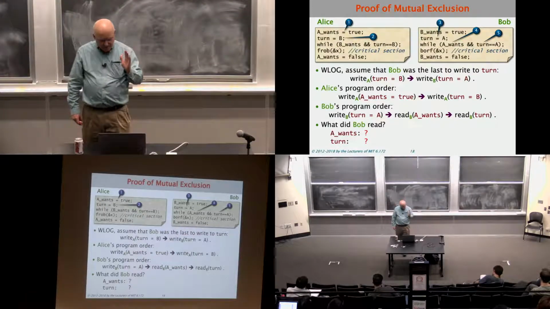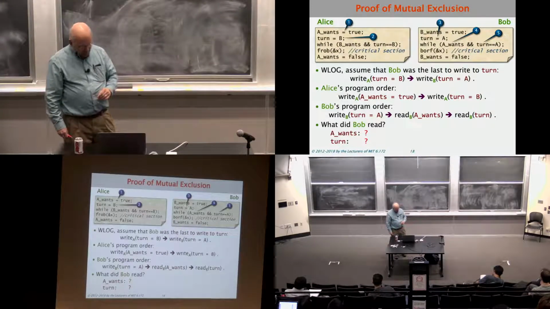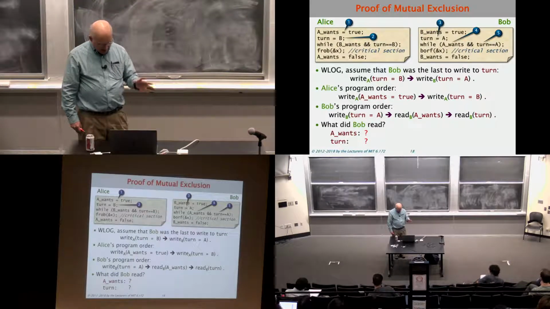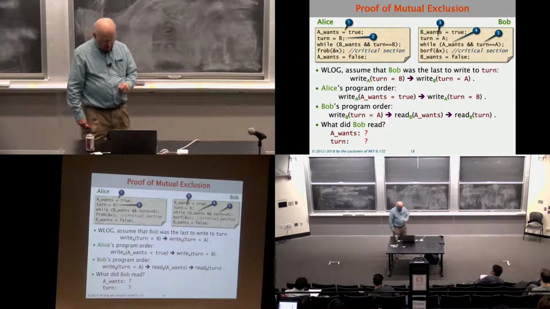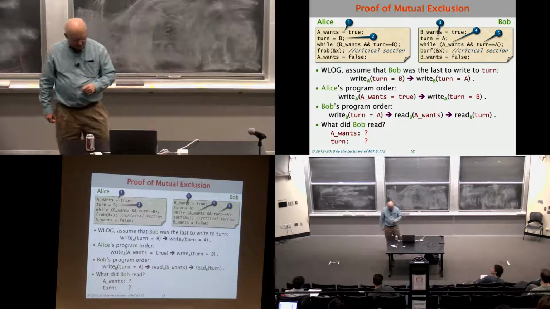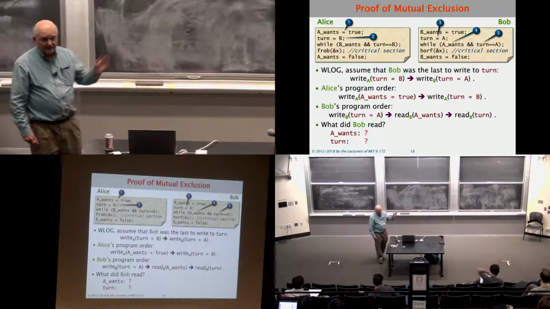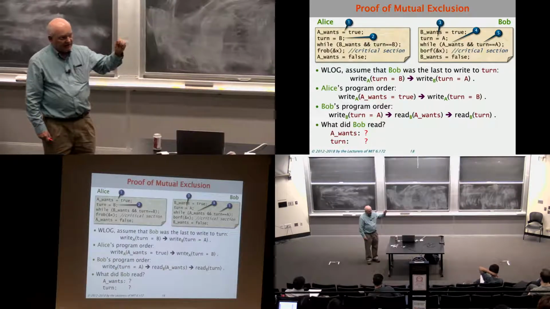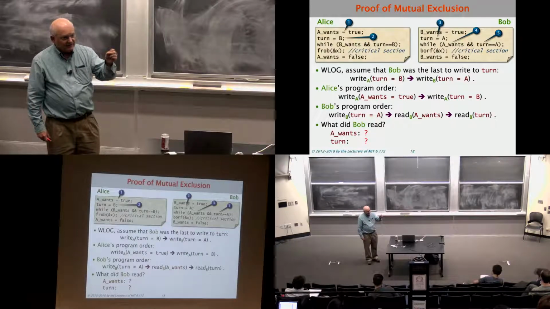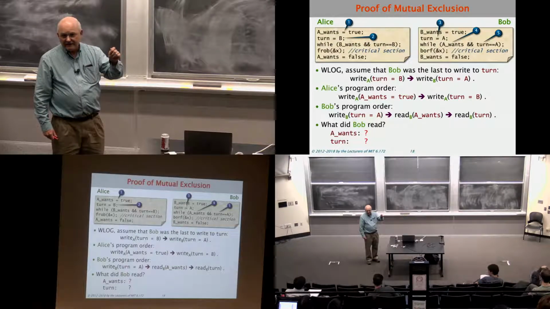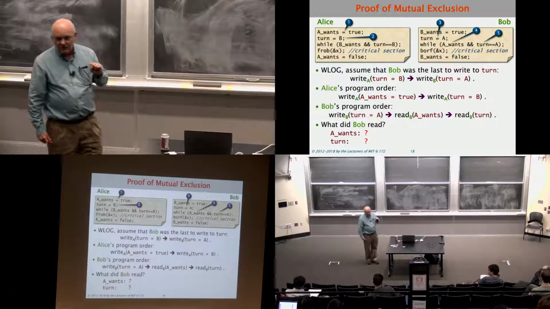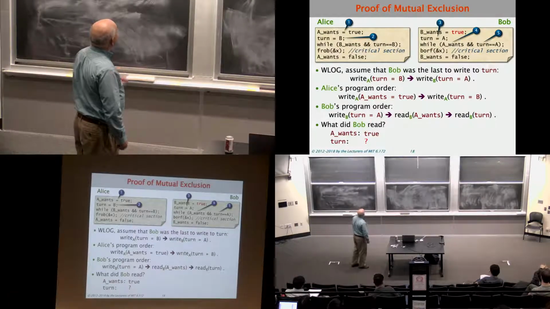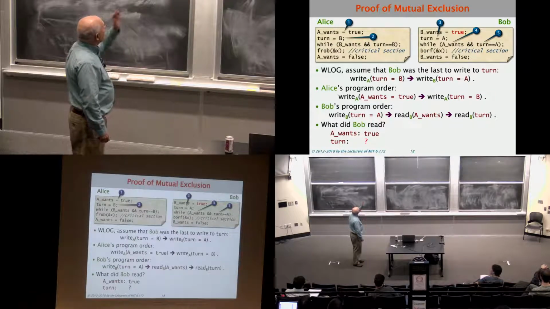We know that when Bob read A wants in step 4, he read the most recent value in that chain, where it was stored to. And what was stored there? True. Good.